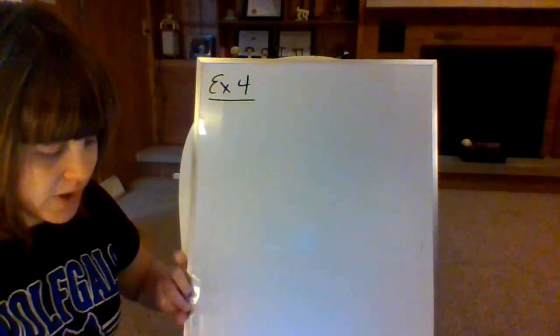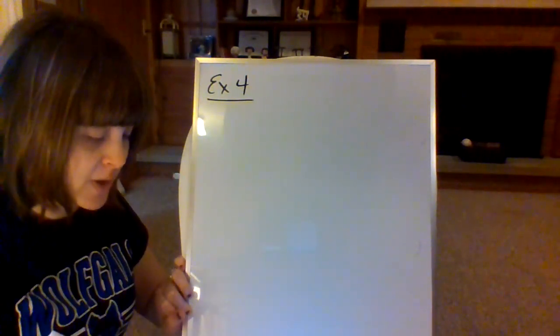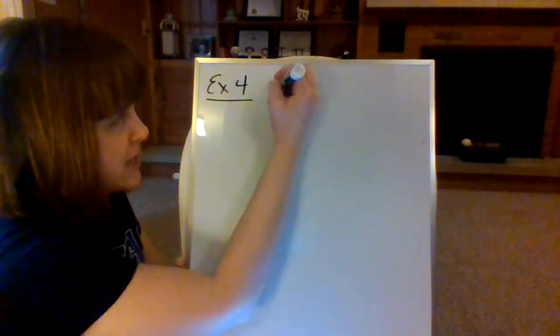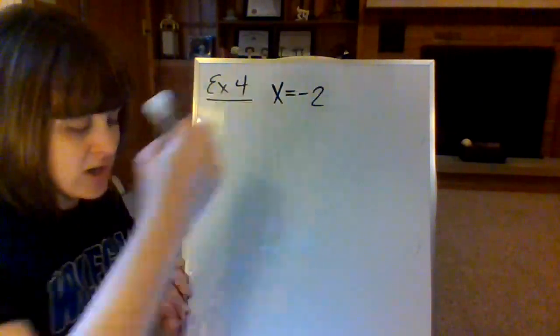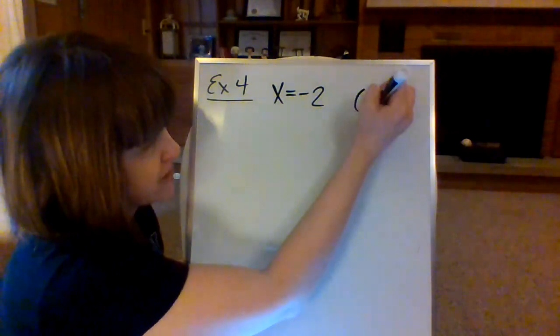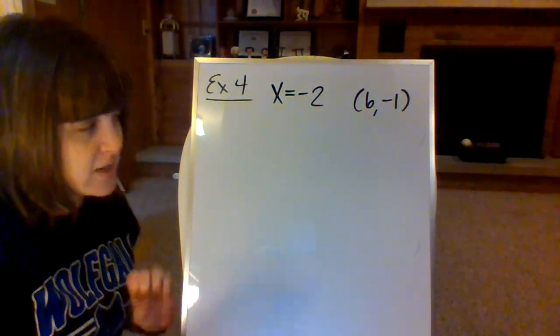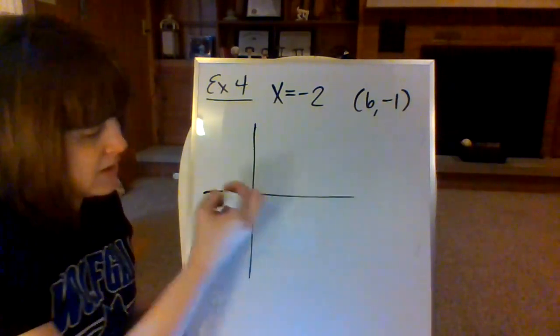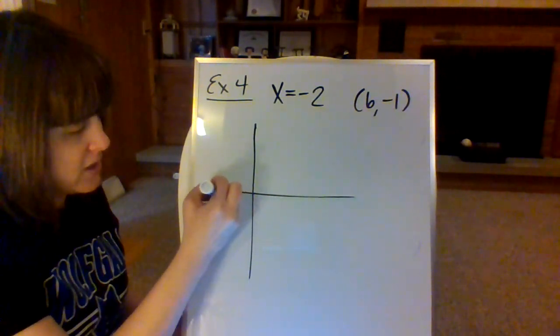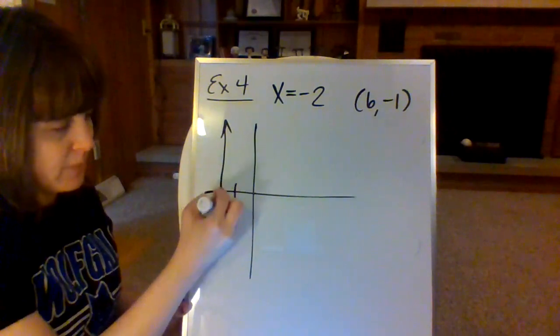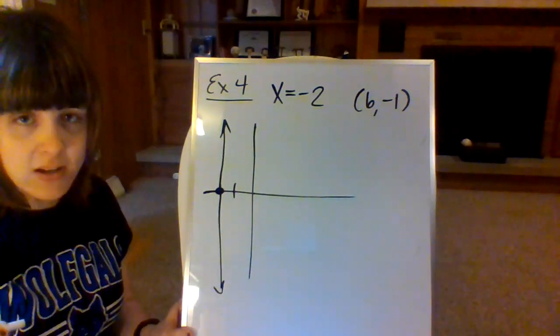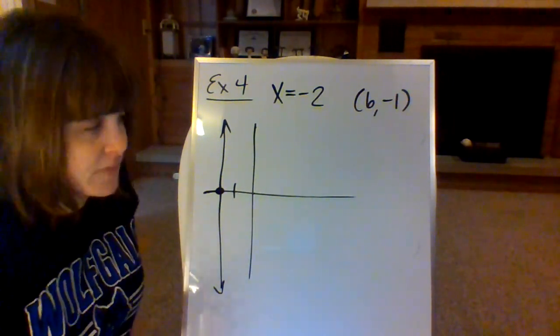Alright, so example 4, the last example says, find the equation of the line that is parallel to x equals -2 and passes through 6, -1. Okay, so x equals -2 is over here, and it's a vertical line that passes through x equals -2.